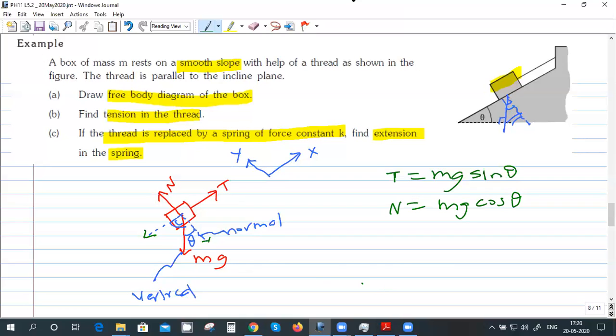The extreme case is when the inclined plane is flat. When the inclined plane is flat, what is the value of theta? Now here the inclined plane is making angle theta, no? Now we take an extreme case where the inclined plane is flat. It's along the ground.